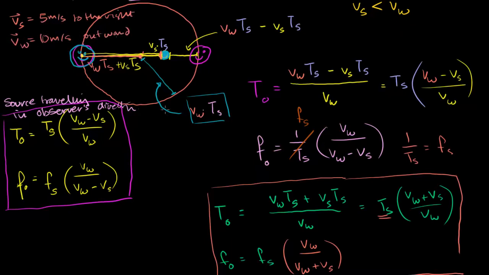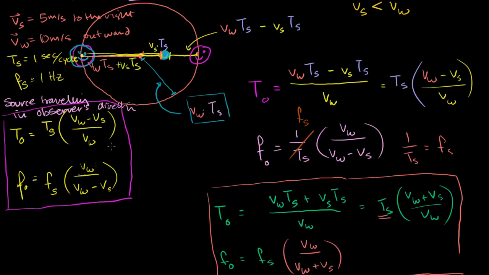And the period of our wave, from the point of view of the source, was 1 second per cycle. And the frequency was just the inverse of that. So 1 cycle per second, or 1 hertz, which is just a cycle per second. So using those numbers, let's see if we get to the exact same answer we got in that first video where we first learned about the Doppler effect.